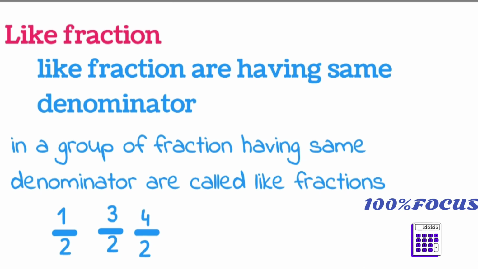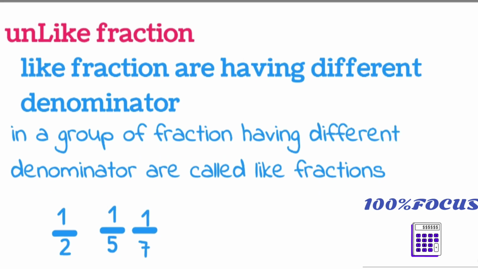We have to identify whether the fractions are like fractions or not, so we can see the denominators. In a group, if all the denominators are same, we can tell these fractions are like fractions. Is that clear? Denominators అన్నీ సేమ్ ఉంటే వాటిని లైక్ ఫ్రాక్షన్ అని మనం చెప్పొచ్చు.